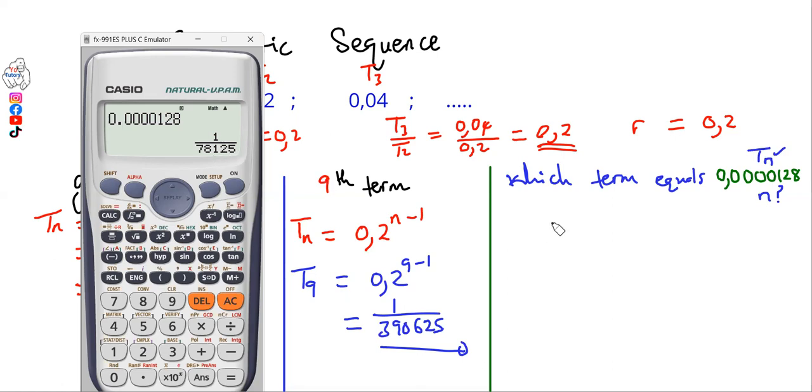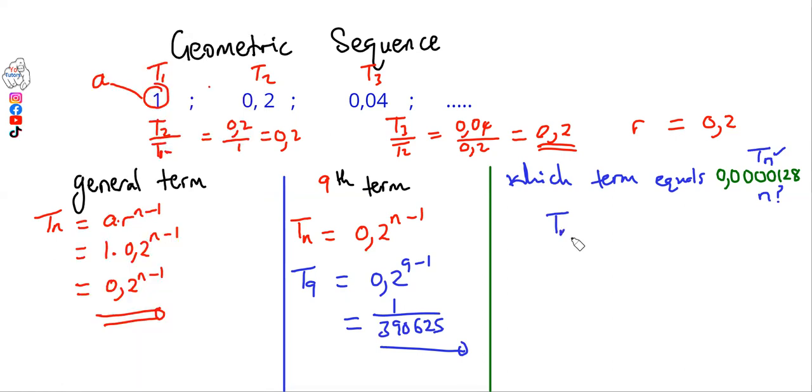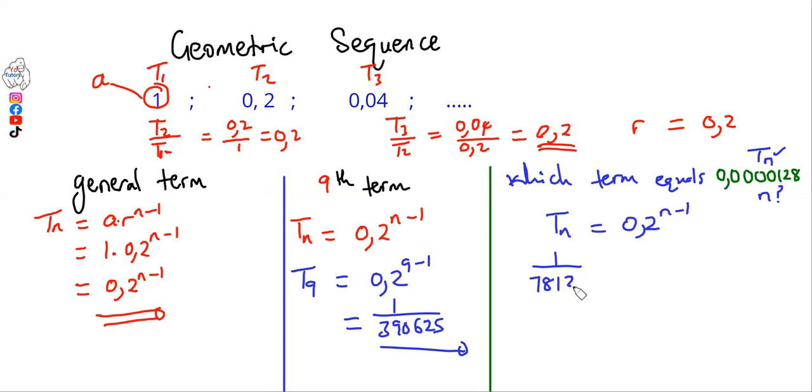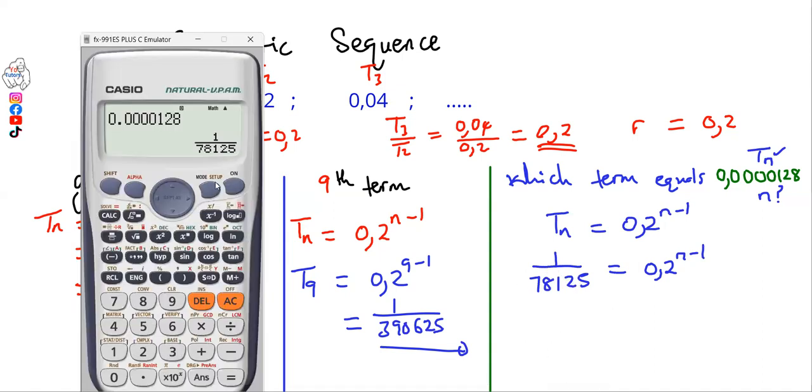So it means that our Tn, which is 0.2^(n-1), is equal to 1 over 78125. We are looking for n, remember. Since we are given this value, we can simply get the factors of 78125. The prime factorization is 5 to the power 7.